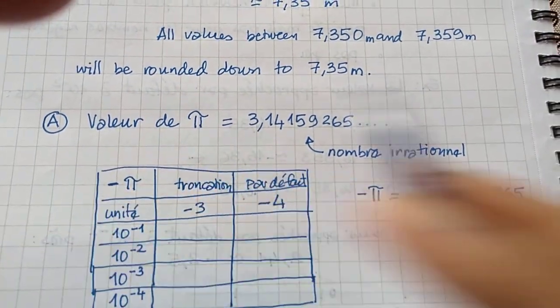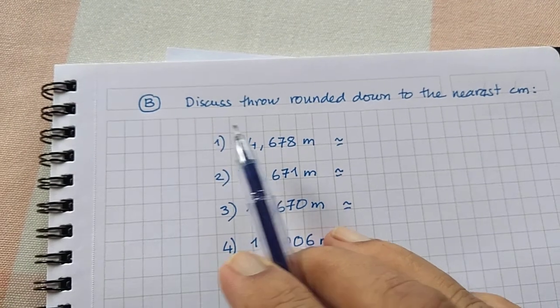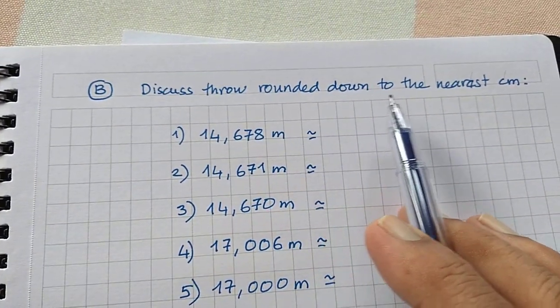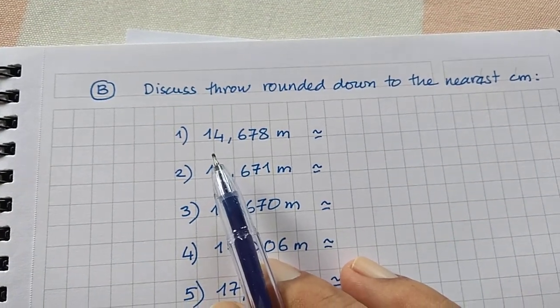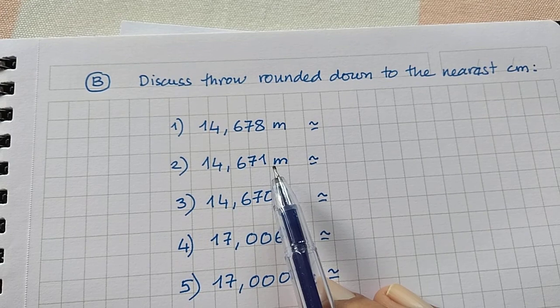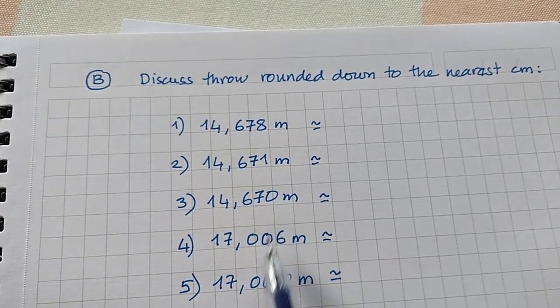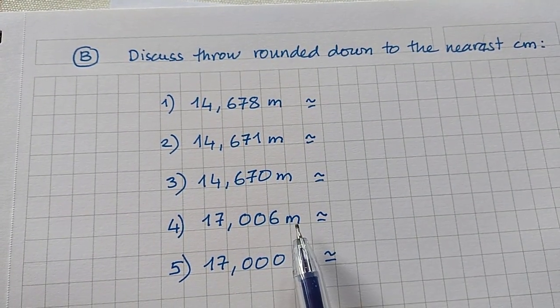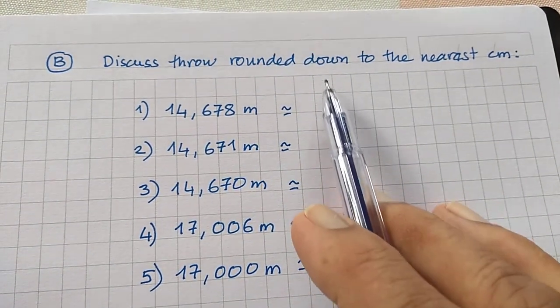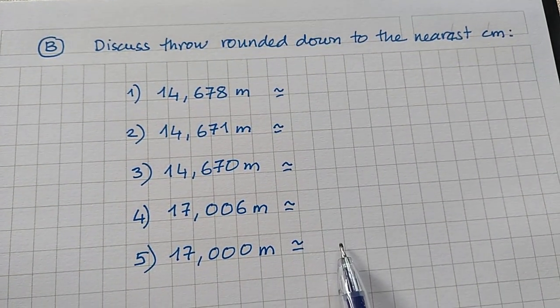This is problem A. And there's another small problem, problem B. Discus throw. Somebody has thrown a discus, rounded down to the nearest centimeter. So I have 14.678 meters. What will it be? 14.671, 14.670, 17.006 and 17.000 meters. What will it be when it is rounded down to the nearest centimeter?